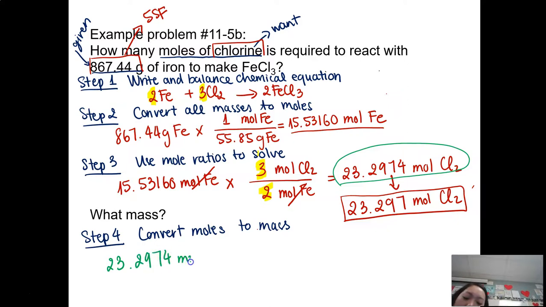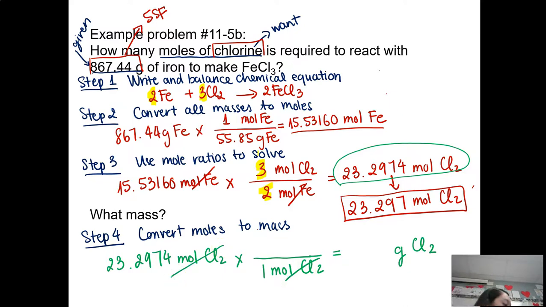So I'm going to take that 2974 mole of Cl2. Once again, when you convert moles to mass, you want to use the molar mass, but be careful of where you put the gram and the mole, because at the end we want gram of chlorine. So for the molar mass, the mole has to be at the bottom since I want the mole to cancel out right there.